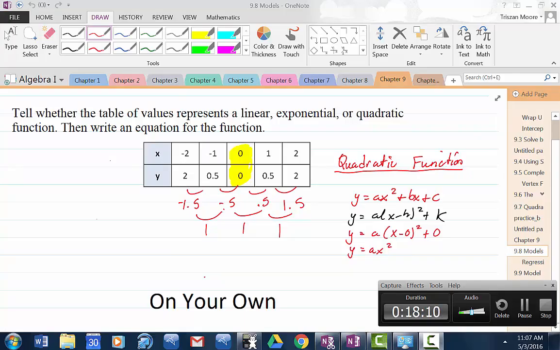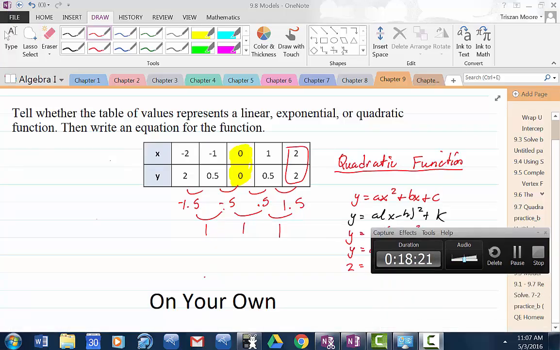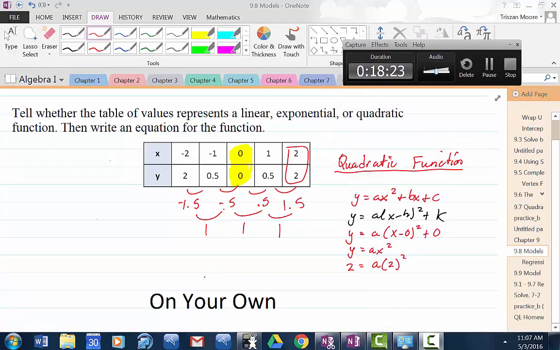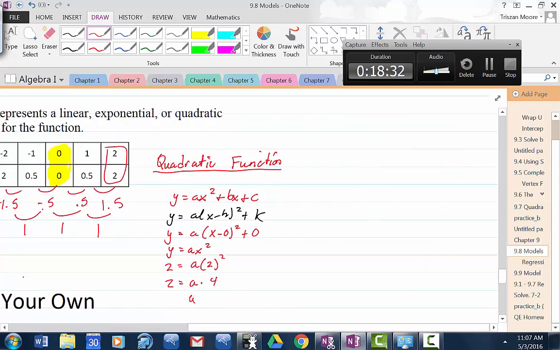I can do that by just plugging in another point. I got 2, 2 over here, right? So why not just do 2 equals a times 2 squared. Take this time out of here, which is 2 equals a times 4. Divide by 4 on both sides.